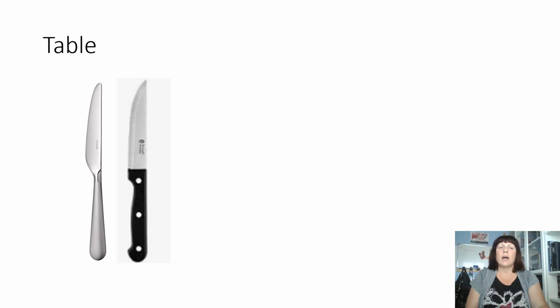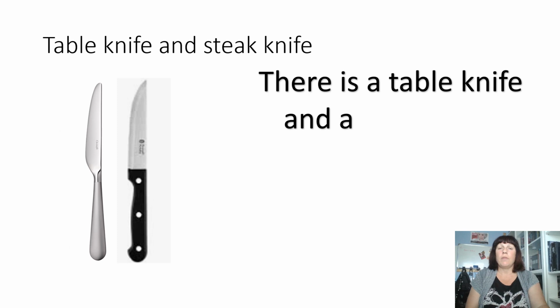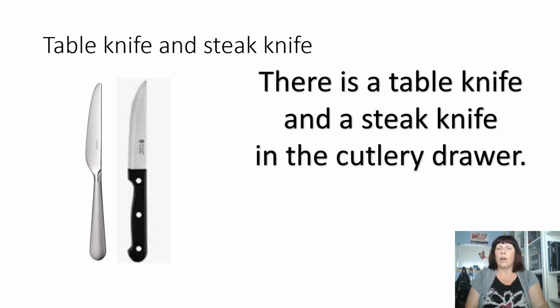The first knife is called a table knife, and the second knife is called a steak knife, and the steak knife is much sharper than the table knife. So if I'm eating steak, I want to use the sharper knife. There is a table knife and a steak knife in the cutlery drawer.